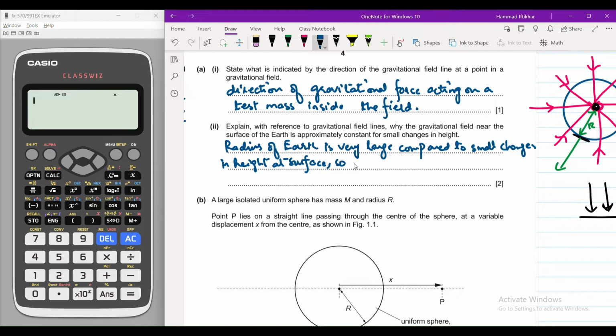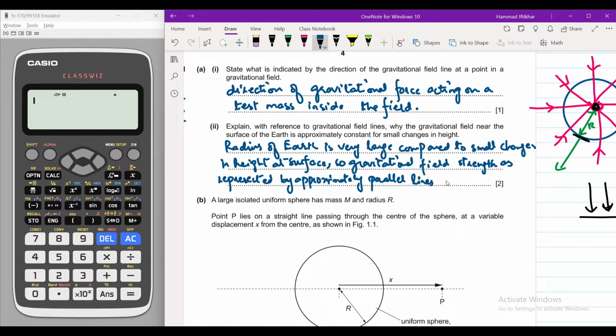So the gravitational field strength, as represented by approximately parallel lines, is roughly constant.